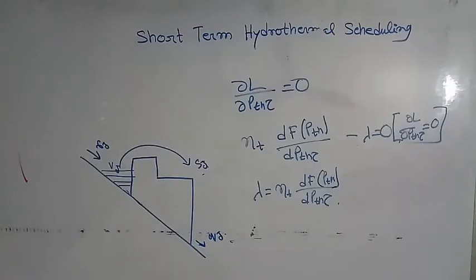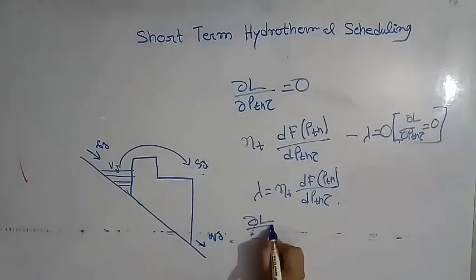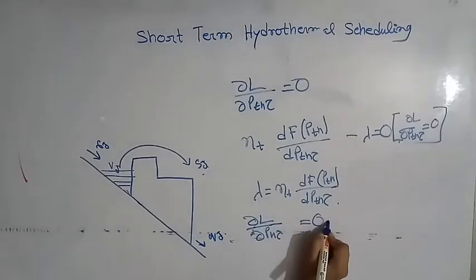Similarly, scheduling for hydro plant is possible only when the first derivative of the Lagrangian function with respect to pH tau is equal to 0.